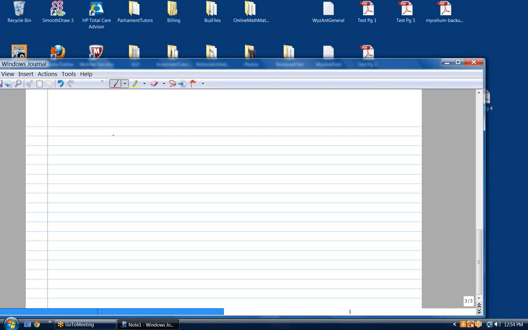Determine the equation of a line through the points (-6, 13) and (9, -12). First thing I want to know: in order to determine an equation of a line, what's the most important thing?